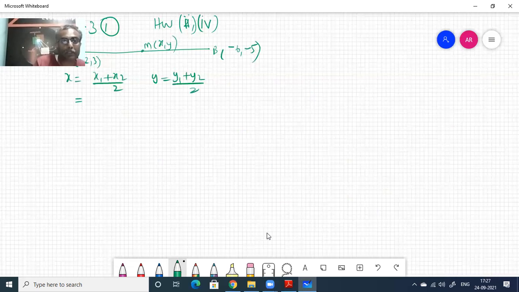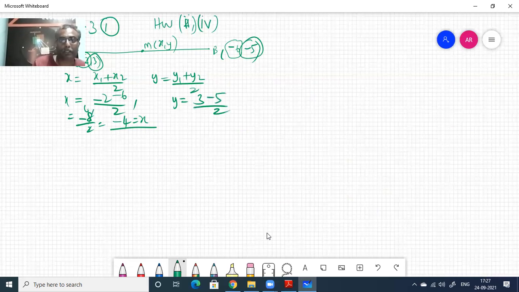So X1 is -2, this is -6, by 2 is X. That is equal to -8 by 2, that is -4. X equal to -4. Y is equal to Y1 is 3, Y2 is -5, by 2. -2 by 2, that is equal to -1. Y is equal to -1. So the point X, Y is -4, -1. Okay. That is the answer.